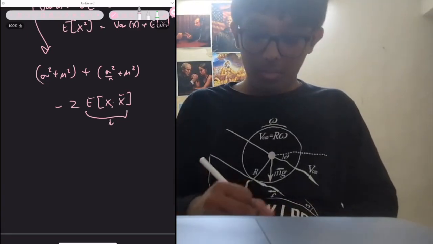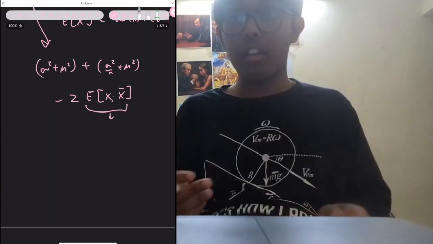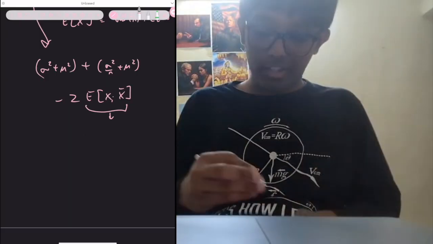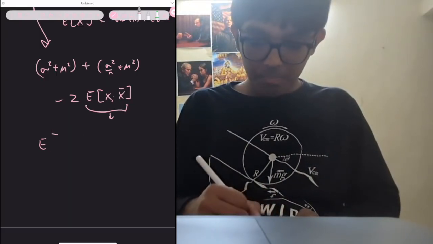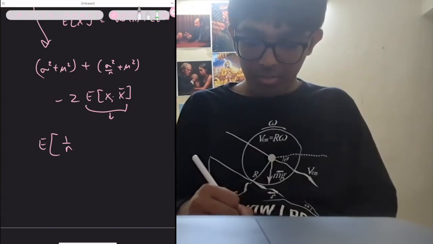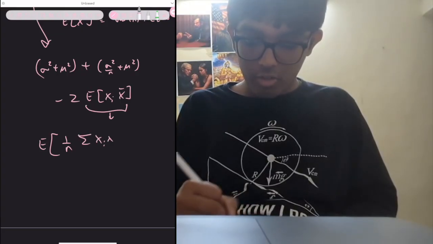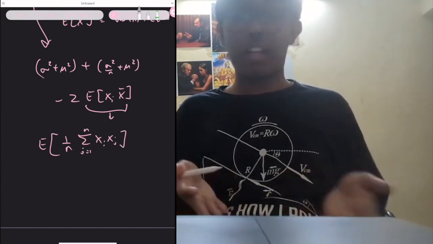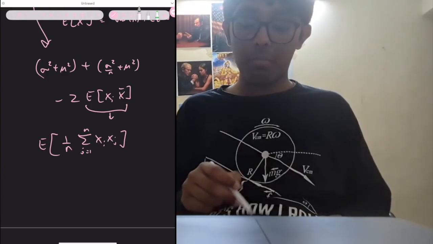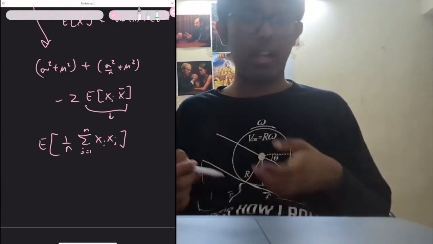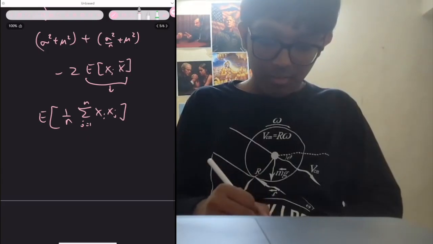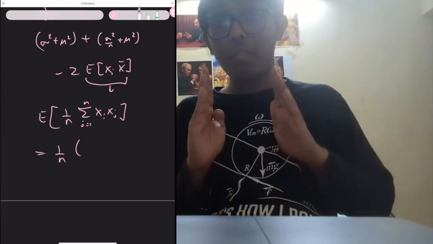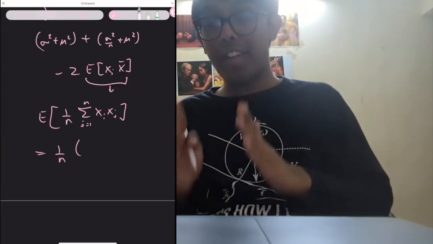What is this value? Let's split it up, because we know x bar in terms of xi and other independent quantities, which is important. So that's the expectation of 1 by n times the summation of xi xj, j equal to 1 to n, because x bar is equal to 1 by n times the summation over j of xj. Now this is 1 by n times, we have n minus 1 quantities which are independent of xi.